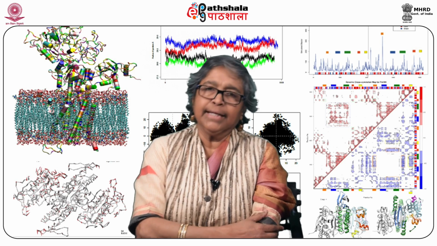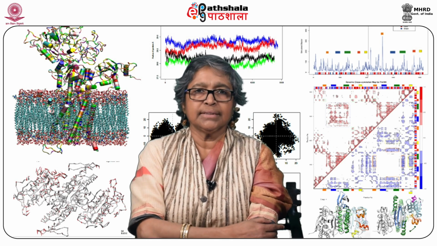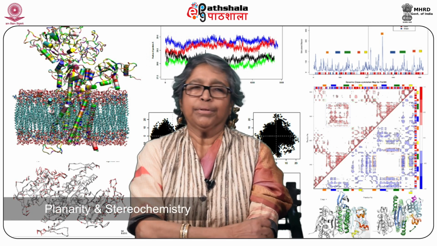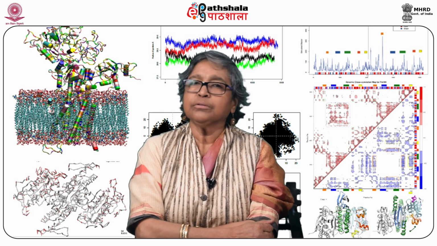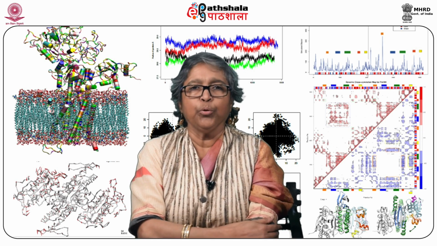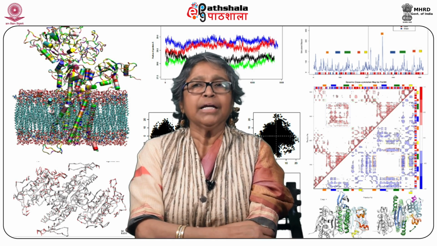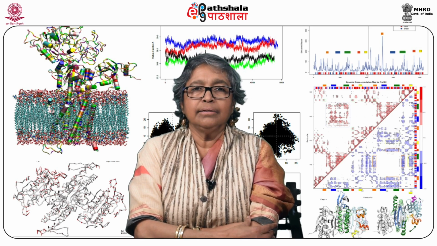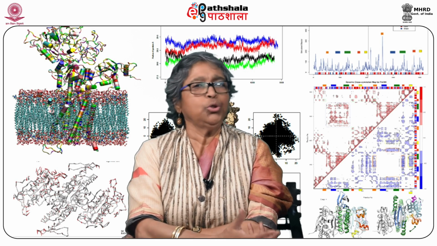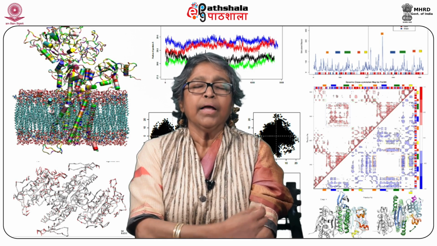There are two special cases other than what I discussed earlier, and they are planarity and stereochemistry of the molecule, because all the amino acids that occur in proteins are stereochemically L. And there is different stereochemistry also for sugars in DNA.